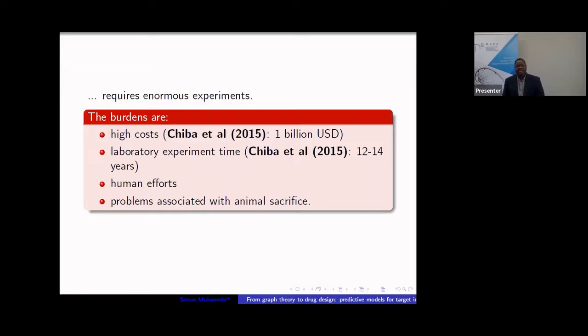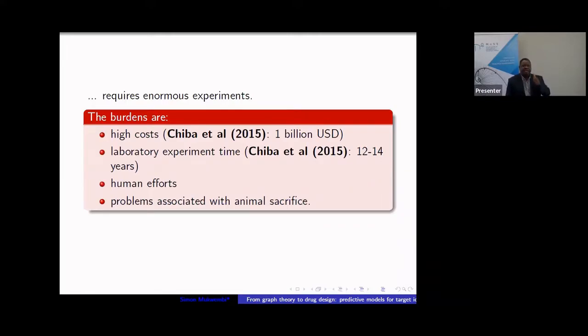So you would then see that going this route would involve burdens like high costs, and you also need laboratory experimental time. You also need human efforts. And one thing that I seriously detest are the problems associated with animal sacrifice.